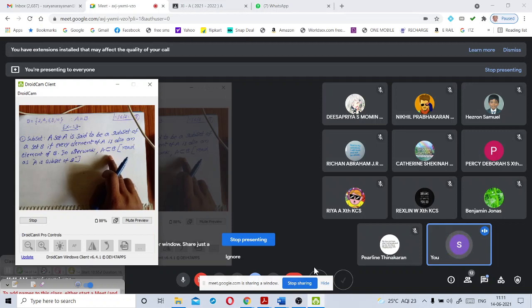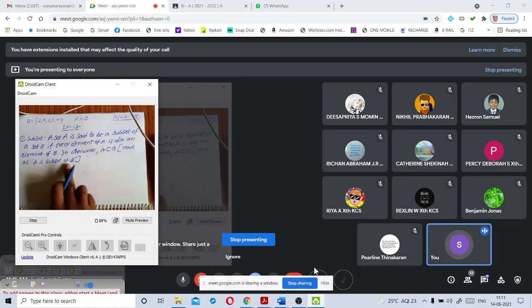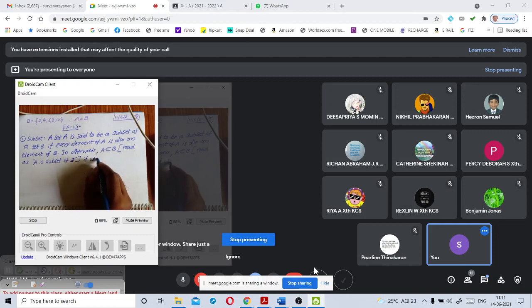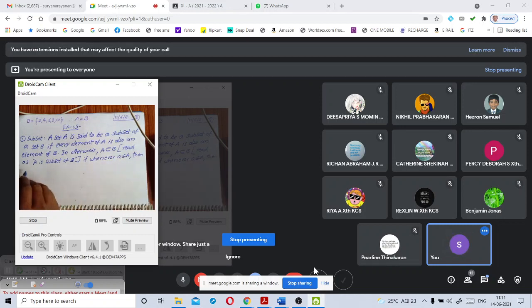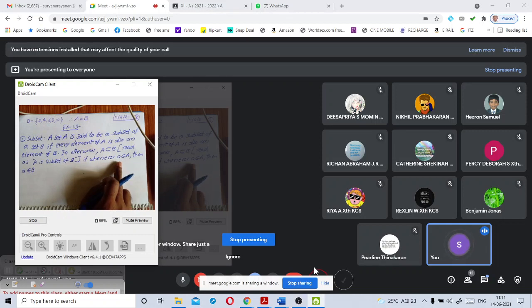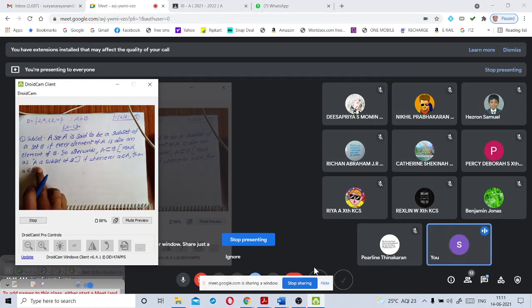This symbol is read as A is a subset of B. Whenever a belongs to A, then a belongs to B. It means every element of set A is also an element of set B.